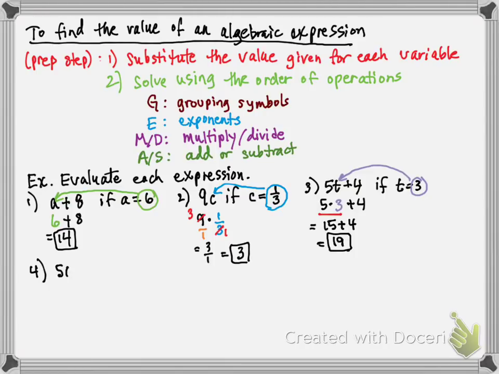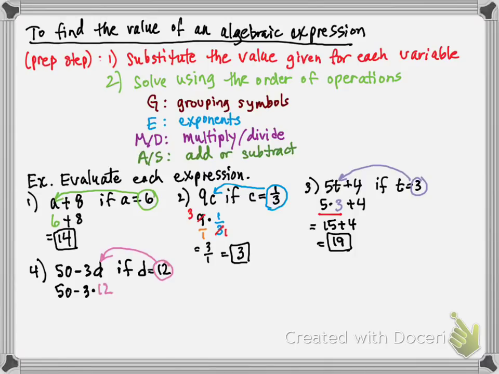So this one we've got is 50 minus 3d if d equals 12. So I'm going to take that 12, and substitute it in where I see d. So that gives me 50 minus 3, and again, variable and number next to each other is a multiplication, and we're going to substitute in 12 for the d.